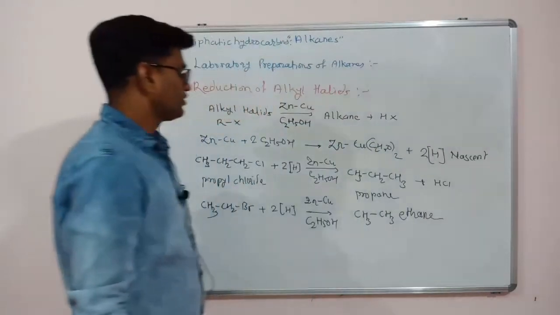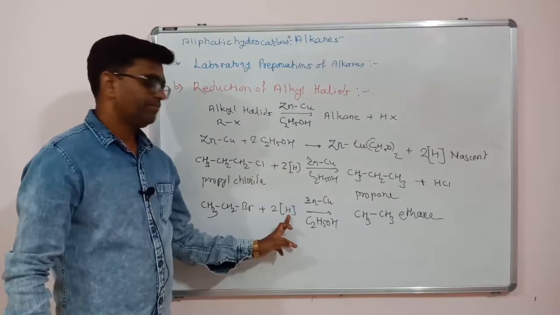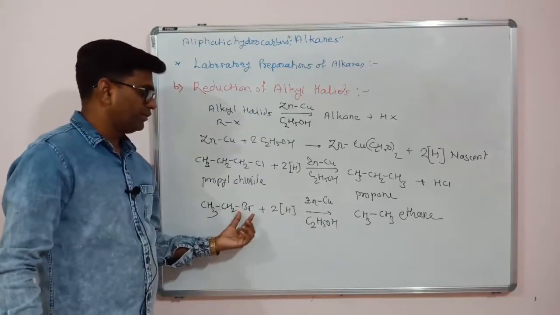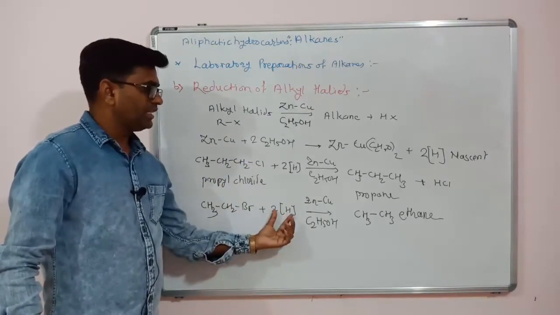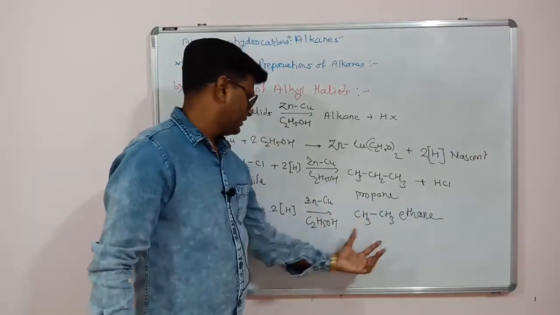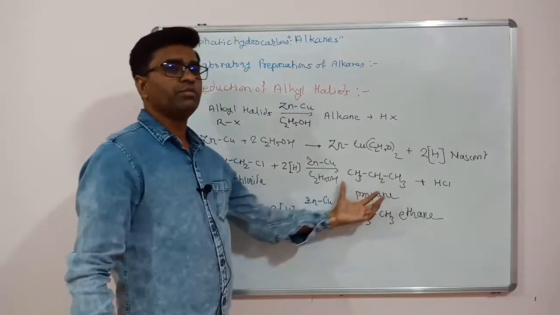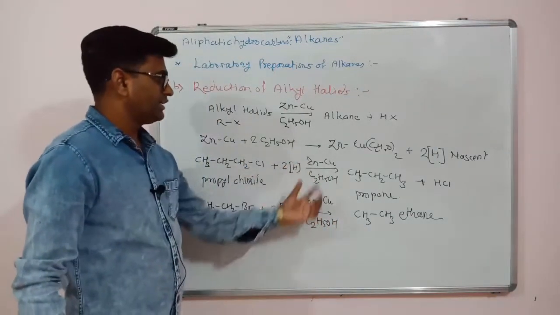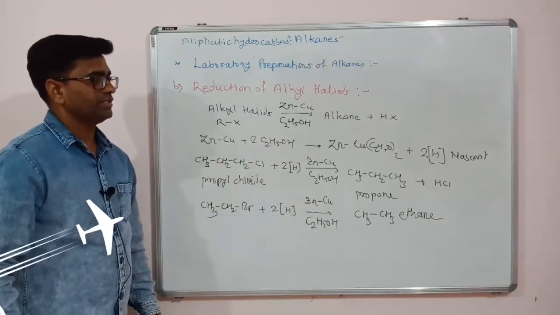So in this way, halides are replaced by nascent hydrogens. So reduction means addition of hydrogen. So instead of halogen, either chlorine or bromine, nascent hydrogen will come. So the remaining R group remains as it is. So we will get ethyl bromide to ethane, propyl chloride to propane, butyl iodide to butane, in this way. The reagent is ZnCu ethanol, which gives us two nascent hydrogens.